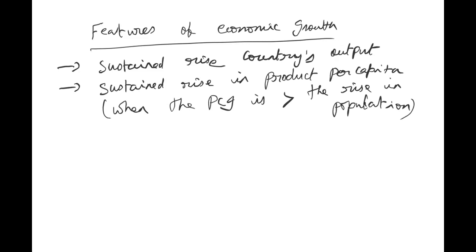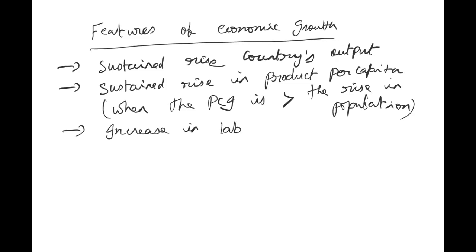So the per capita output converted in money terms will become the per capita income. So the rise in per capita income should be more than the rise in population. Or in other words, the rise in national income should be more than the rise in population. Then only the per capita income of the country will keep on increasing.